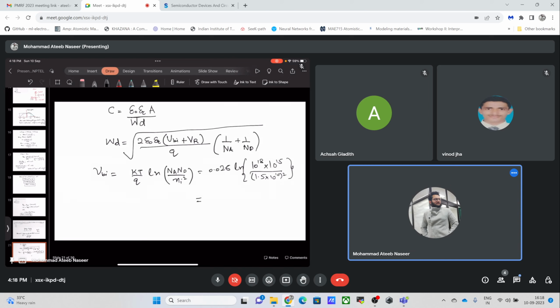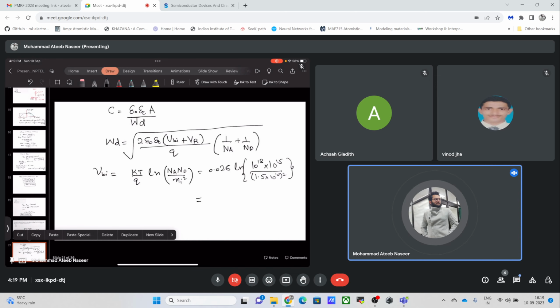So it is ln of 4.44 into 10 to the power of 12, into 0.026. Let me calculate it again, I guess I might have missed some value. 10 divided by 2.25 is 4.44, so ln of 4.44 into 10 to the power of 12, into 0.026.